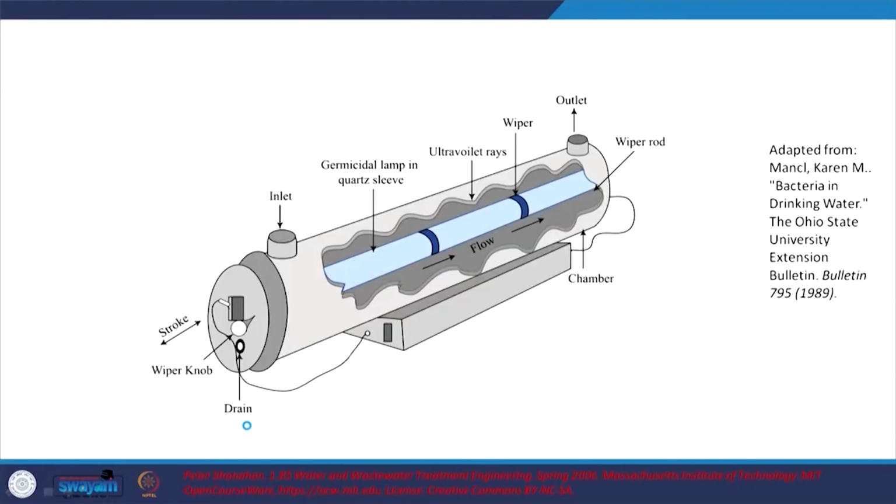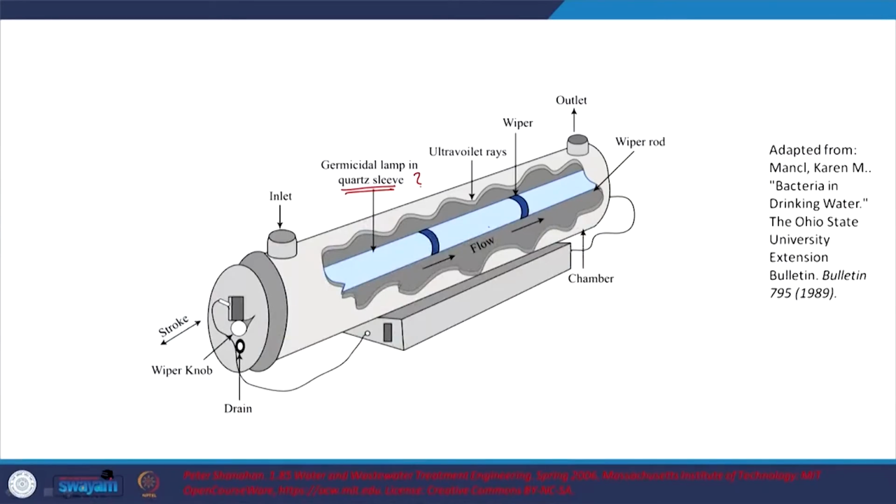So how does it work? Typically we have the submerged UV lamps, and I think we saw this even in the case of the IIT Roorkee SBR plant, where we had a submerged system. So this is what it looks like. There is a quartz sleeve. Why quartz? Because glass will absorb UV, so UV won't pass through. And if you don't have the sleeve, water will come in contact with the lamp, and obviously you are going to have short circuiting. So you will have a quartz sleeve.